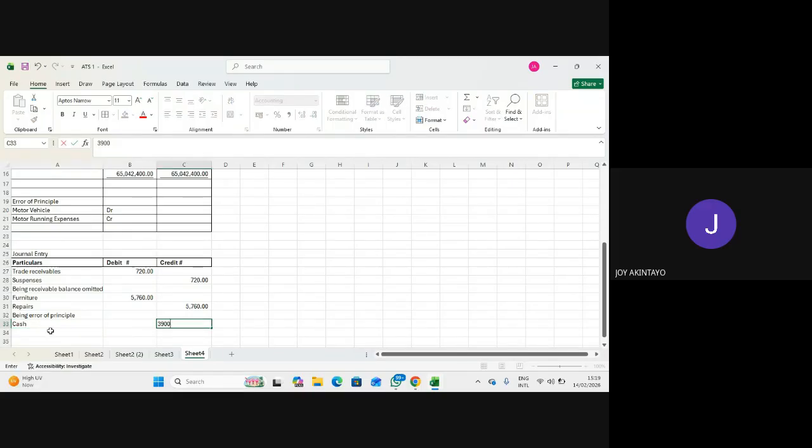Then suspense account will be debited. So we now say being cash payments undercasted.